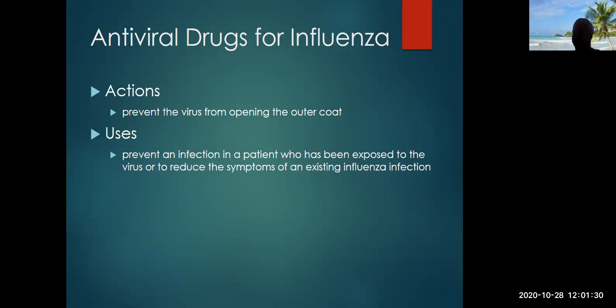Then you have the drugs that fall under the viral DNA polymerase inhibitors. These drugs work to reduce any type of viral reproduction from forming, again that counterfeit effect.